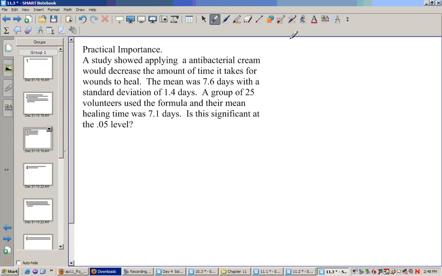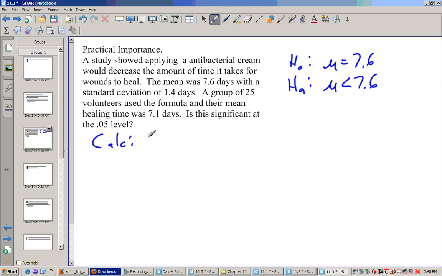Let's do the null hypothesis: the mean is 7.6. The alternative hypothesis: the mean is less than 7.6. Let's not worry about the conditions right now, just the calculations to see if this is significant.